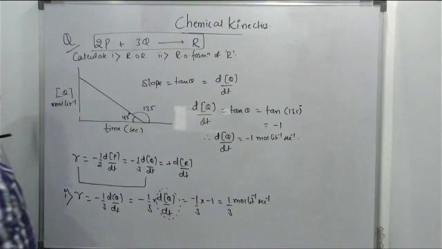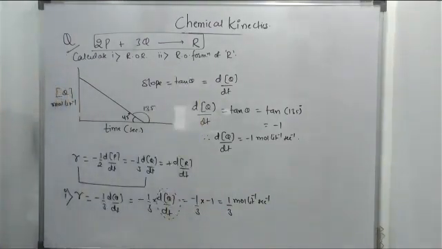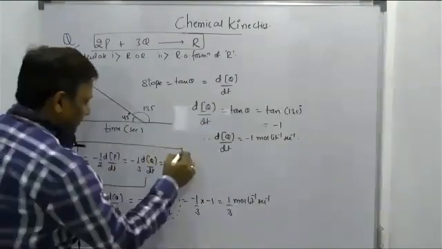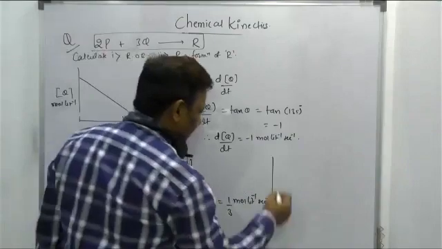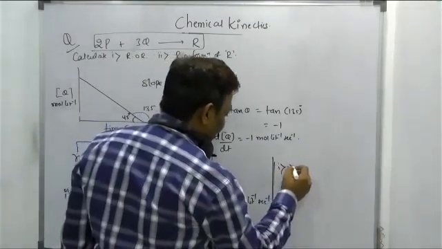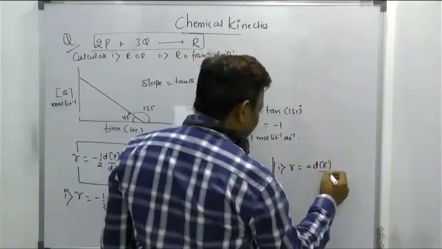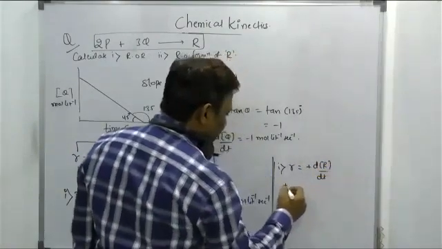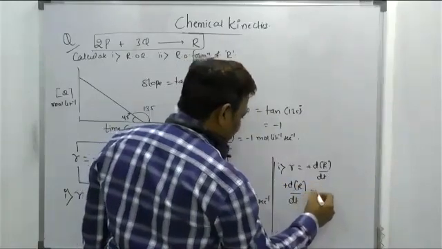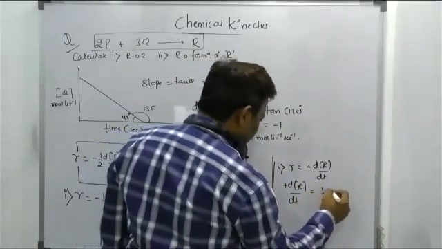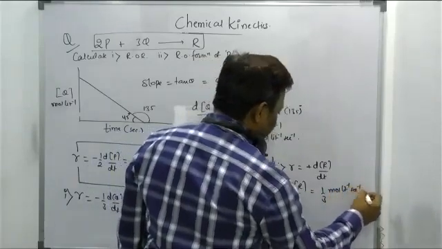The second one they're asking is the rate of formation of R. Whatever the R is, the same is the rate of formation of R. So the rate of formation of R is equal to ROR, which is also the same, 1 by 3 mole per liter per second.